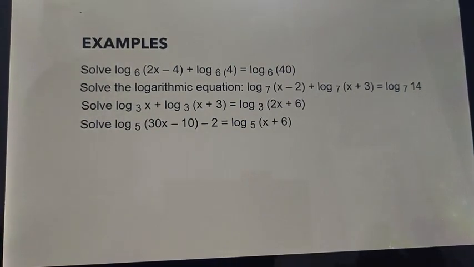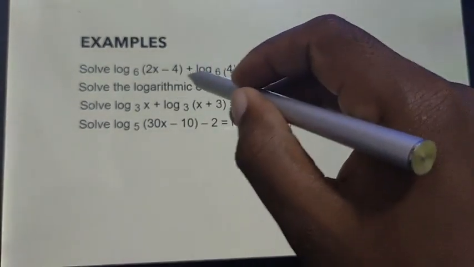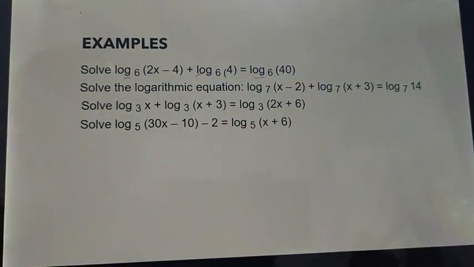Example number 1, saying log 2x minus 4 base 6 plus log 4 base 6 is equal to log 40 base 6. You see logs are on both sides. So the first thing we have to do, let's say this is example 1.